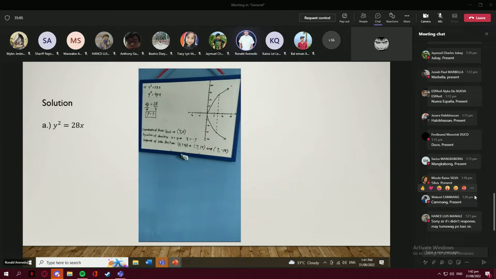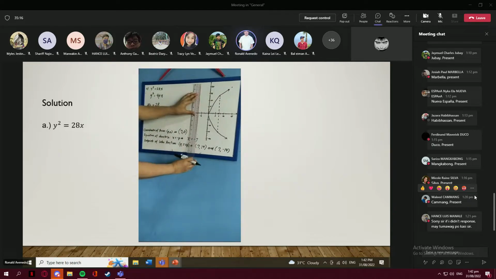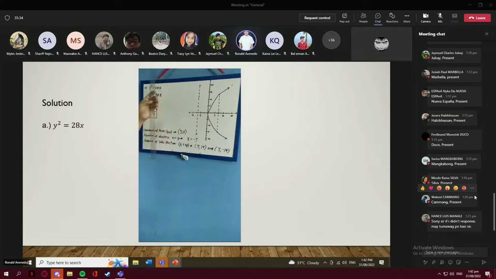To draw the directrix, our equation is x equals negative 7. So x negative 7. Then just draw a vertical line. So this is the directrix.